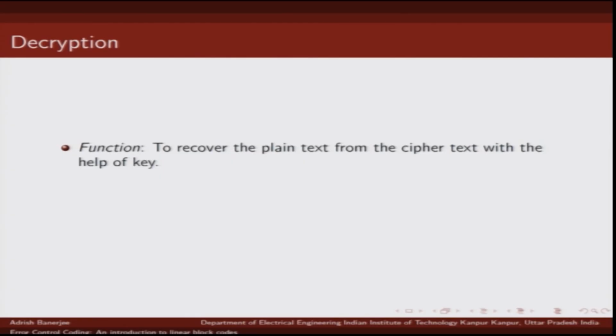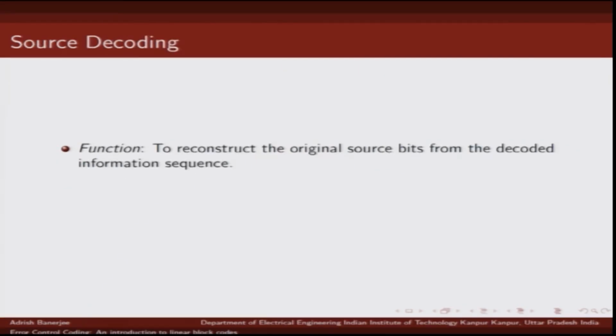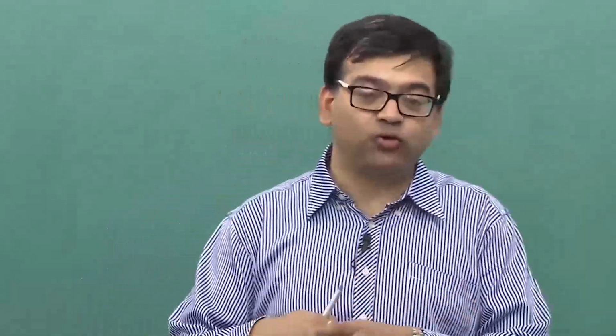After the channel decoder, we have the de-encryption block, and as I said, its objective is to recover the plain text from the cipher text, and essentially the security of the system lies in the key. And finally, we would like to get back our original source, because remember in the source encoder we did data compression, so we have been processing this compressed data.